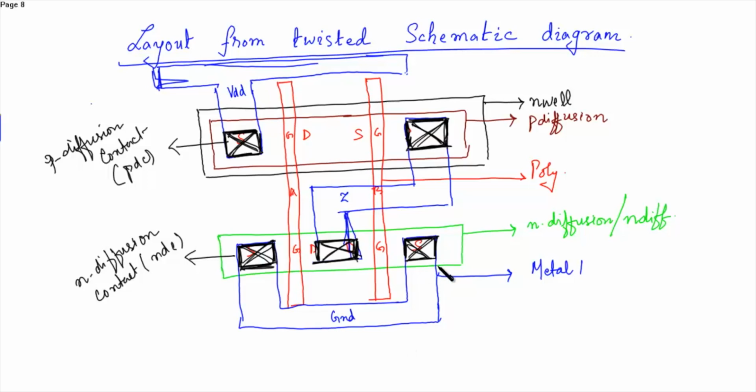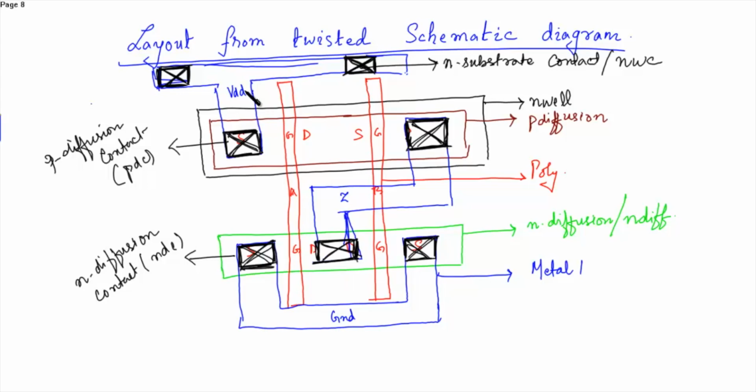After placing the diffusion contacts, place the substrate contacts. So this is the N substrate contact. Or we write it as NWC, N-well contact.